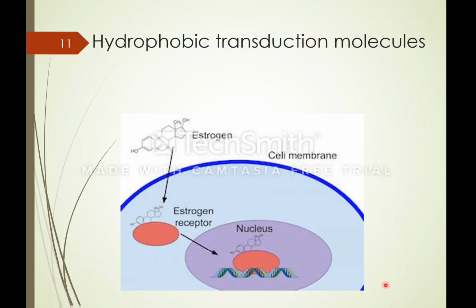But about the hydrophobic signaling molecules, you know these molecules can pass easily through the cell membrane, because the cell membrane includes a phospholipid bilayer. These hydrophobic molecules, such as estrogen and progesterone, are steroids and can pass by diffusion through the cell membrane.